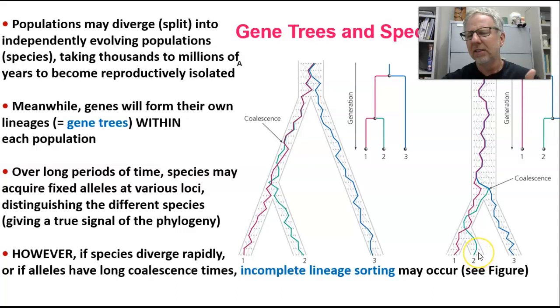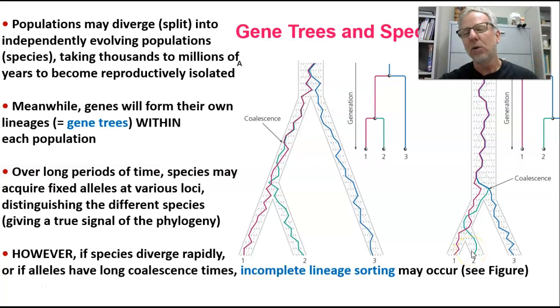In fact, the green allele that's in species 2 is more closely related to the blue allele in species 3. So if we use this gene to try to figure out the species history, it wouldn't work. We would conclude that species 2 is more closely related to species 3, when in fact it's not.